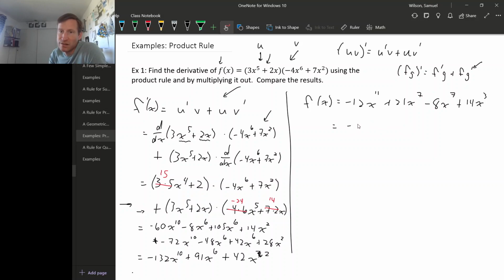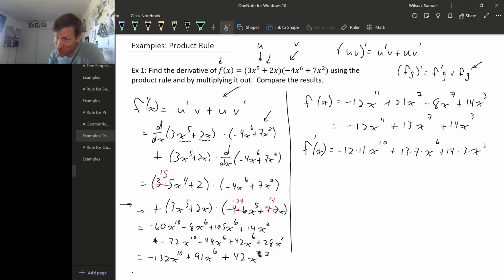So this is minus 12x to the 11th plus 13x to the 7th plus 14x cubed. And now when we take the derivative of this, we get, so this 11 comes down, so negative 12 times 11 times x to the 10th plus 13 times 7 times x to the 6th plus 14 times 3 times x squared.